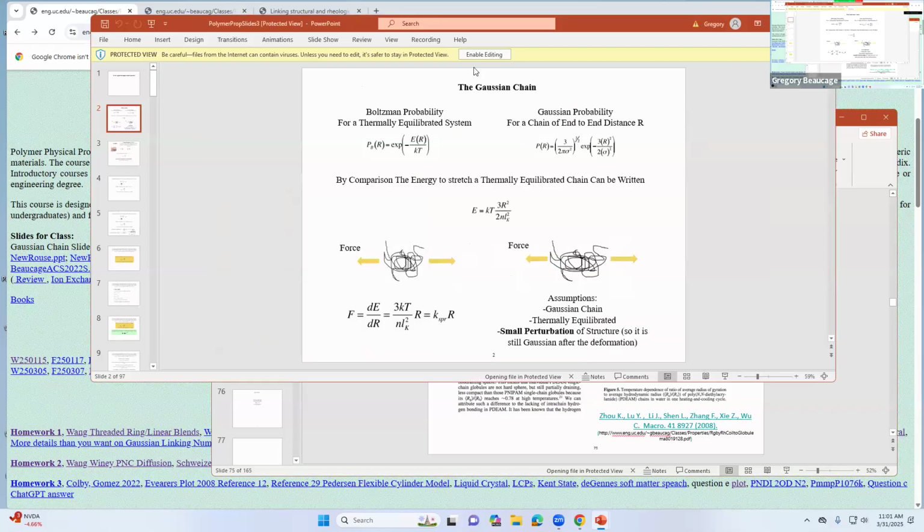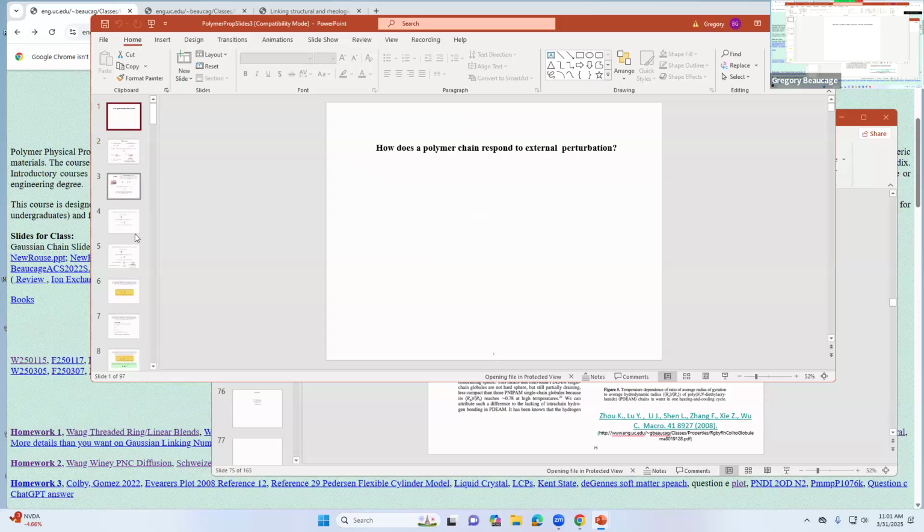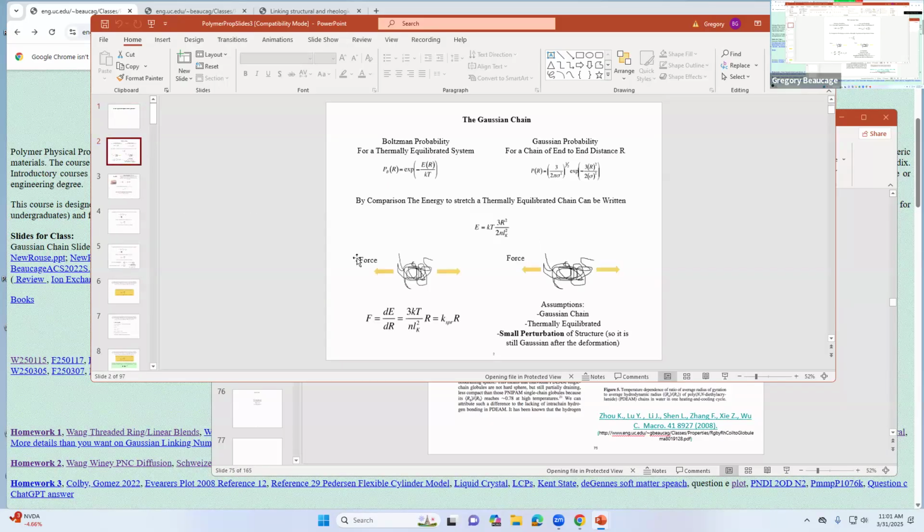Let's see. So yeah, I guess I can wait to do the other stuff. The next thing to do, I think the last formal stuff to do, is go through these kinds of transitions in the coil. So do that probably next week, I guess. It's called the blob model.